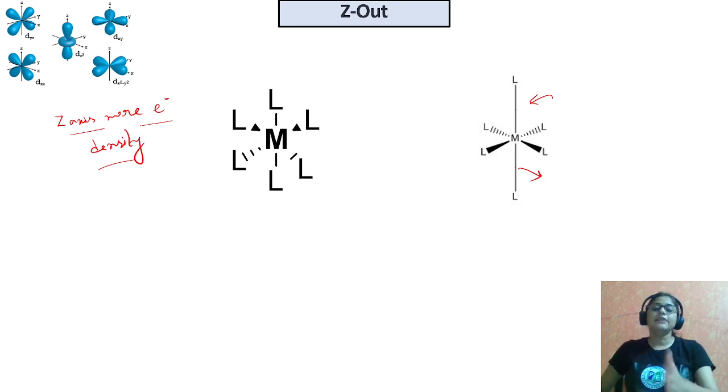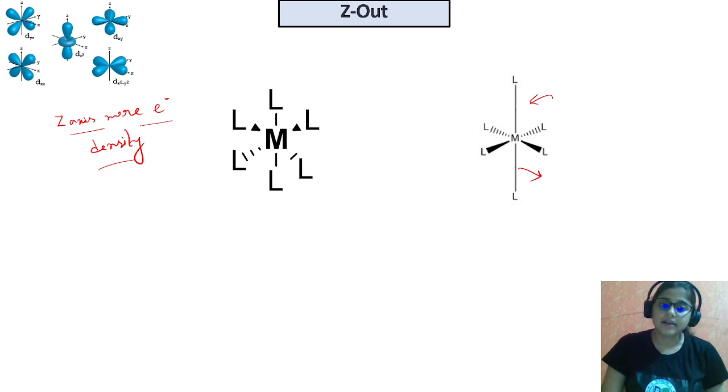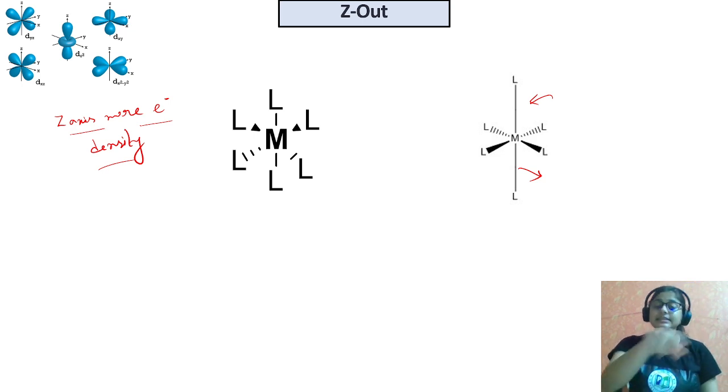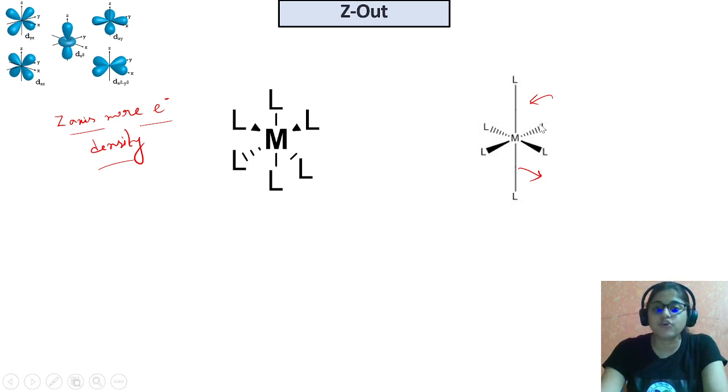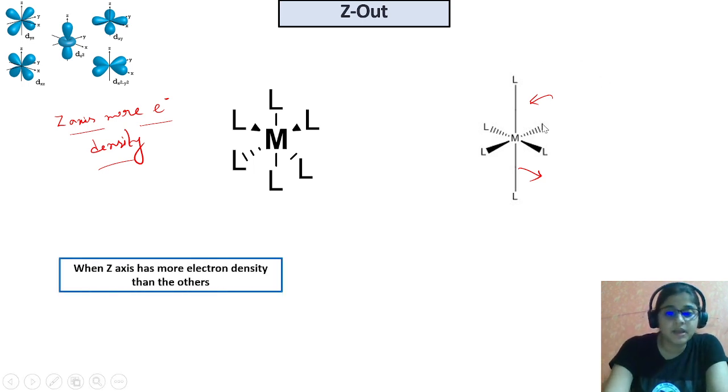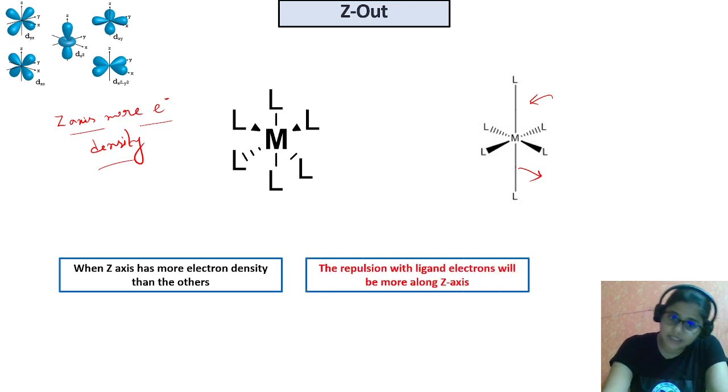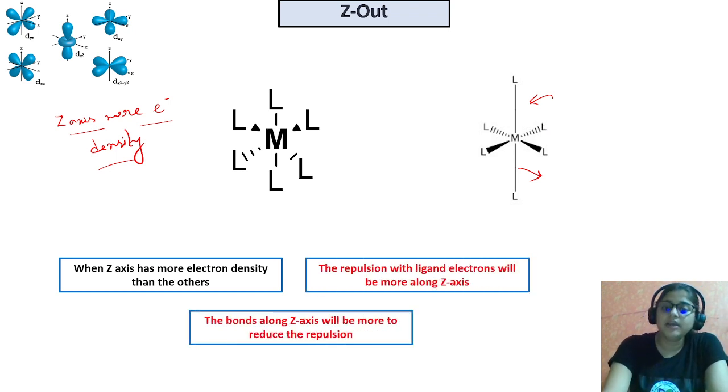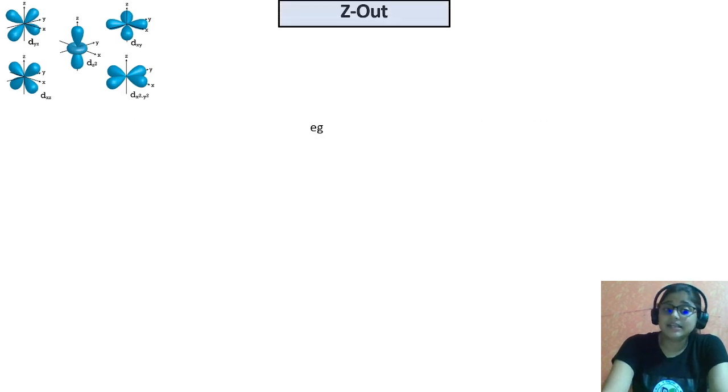But in this slide, try to understand that whenever ligands come with electrons, they face more repulsion along the z-axis, as it has more electron density. That's why they keep some distance from the metal, and that's why it is called Z out. The bonds along the z-axis will be longer to reduce the repulsion and get stability.